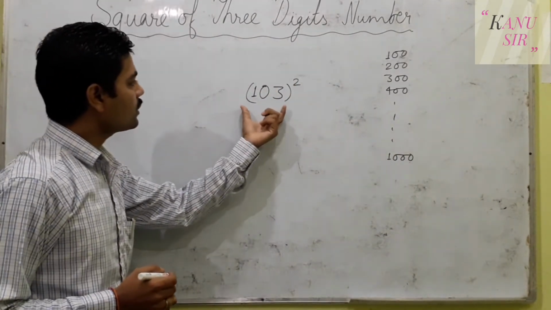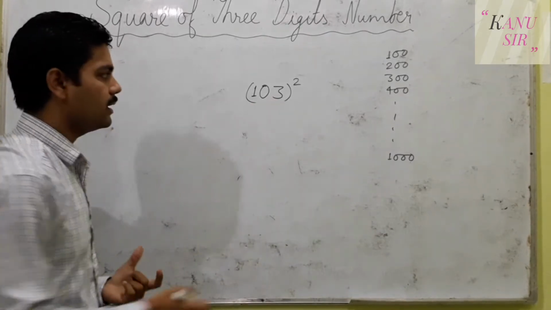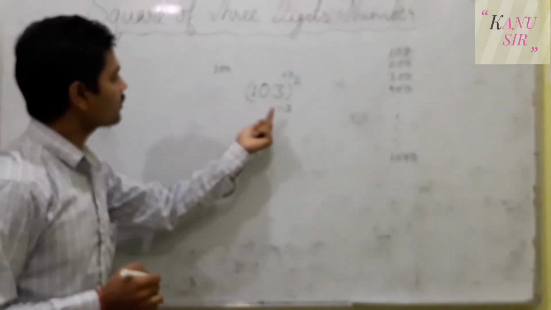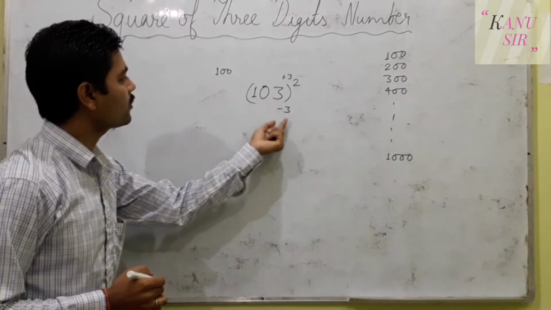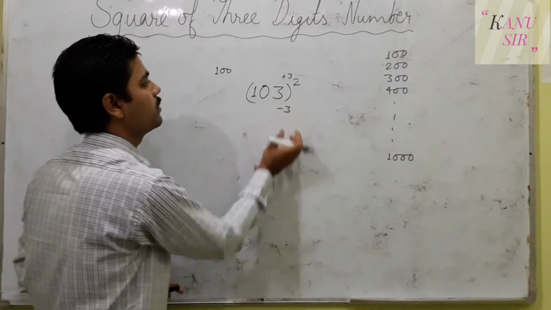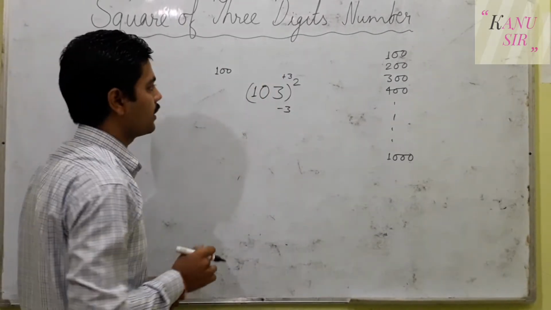Then the closest number to 103 is 100. So here we are subtracting 3 from 103, then we get 100.